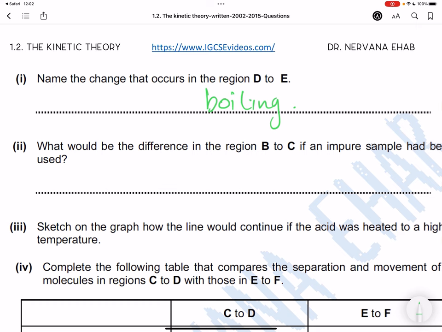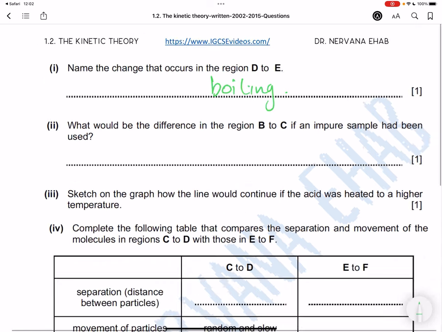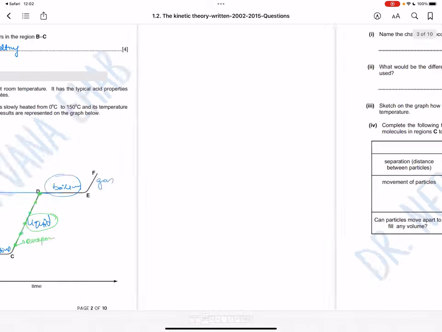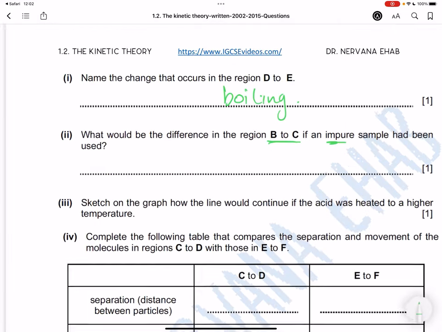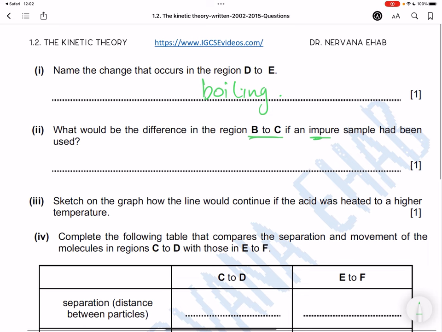Okay. What would be the difference in the region BC, which is basically the melting, if an impure substance had been used? BC is melting. I know that because it's the first line. And it's asking what happens to the melting if it was impure. So the region BC is going to be at lower values.